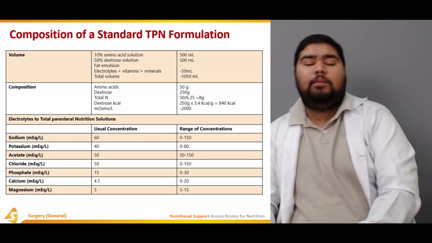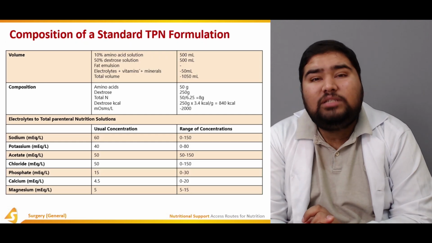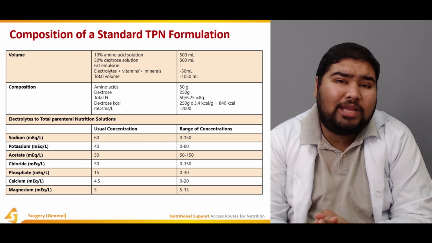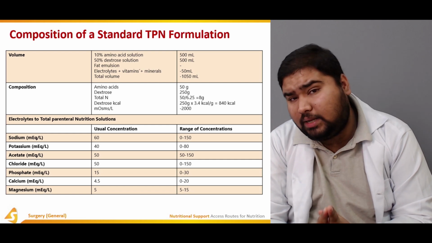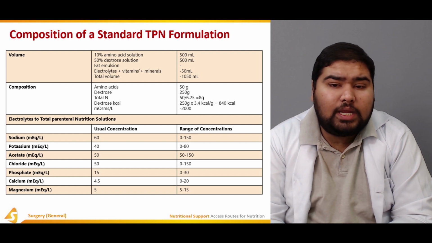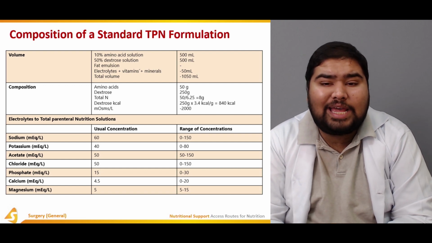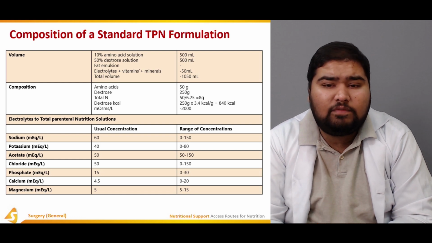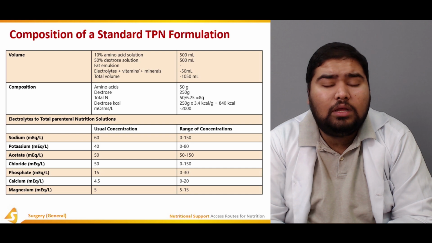So what is the composition of a standard formula of a total parenteral nutrition? Mind you, the formulas are designed according to the needs of the patient, but what does a standard formula contain? So in terms of volume, it has 10% amino acids, that is the protein component, and 50% dextrose solution.